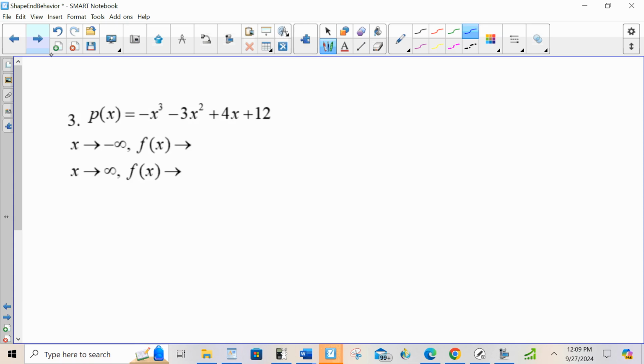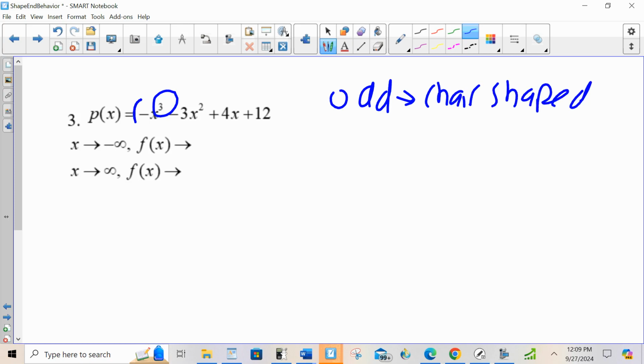Number 3 has an odd degree. Therefore, it's going to be chair-shaped. It's got a negative leading coefficient, so it's going to open down.